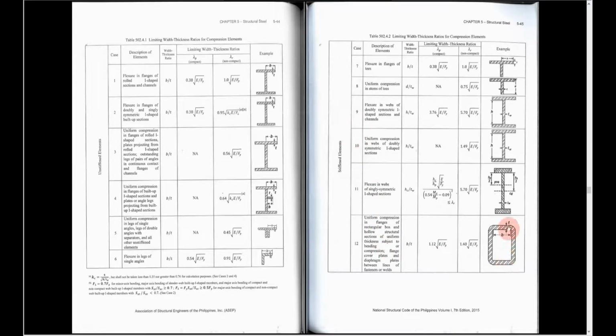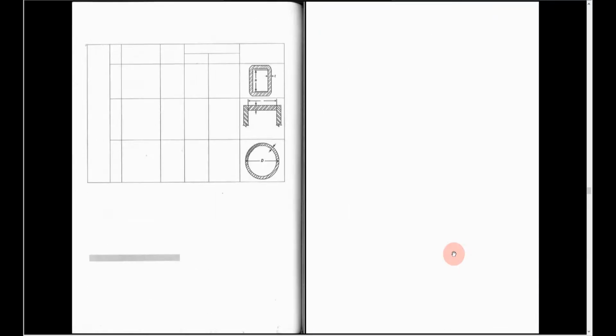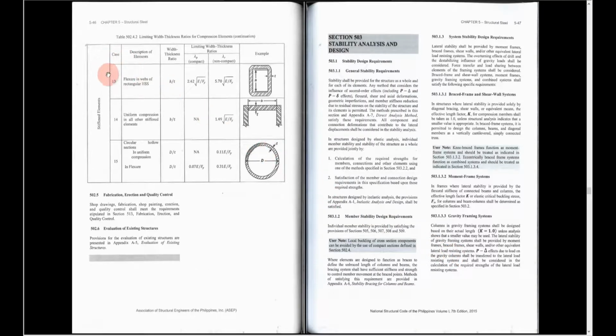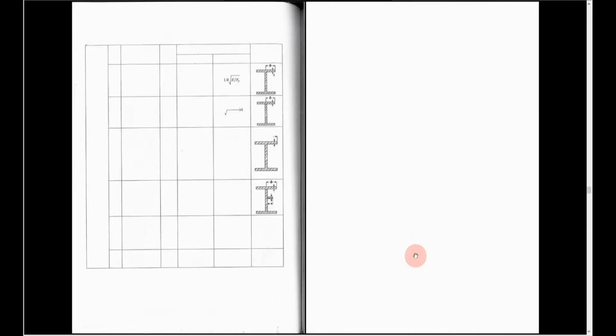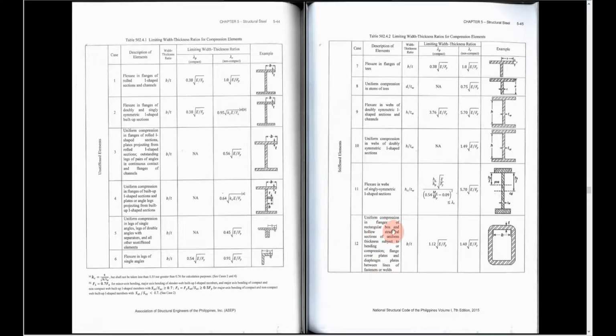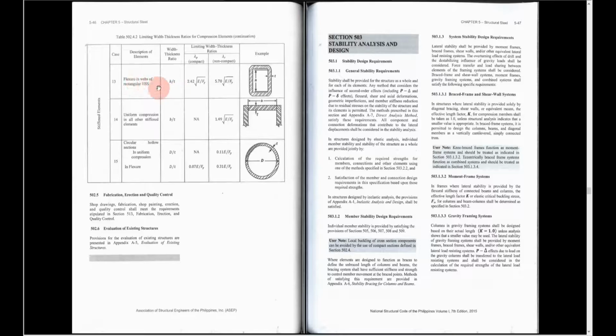We will use this formula in determining the limiting width ratios for compression elements, so take note of this. And case number 13, flexure in webs of rectangular HSS. So case 12 is for the flanges of rectangular box, and case 13 is for the flexure in webs of rectangular HSS. So take note of these formulas.